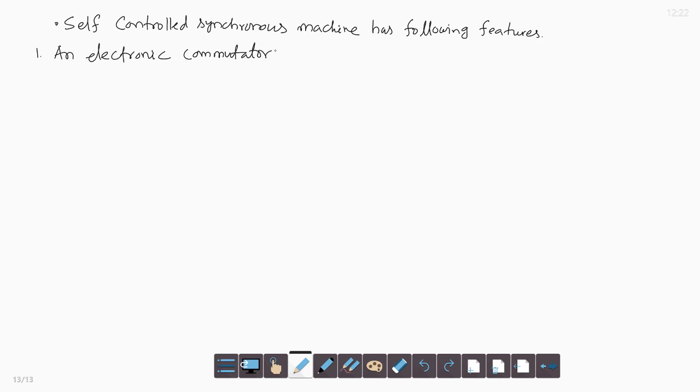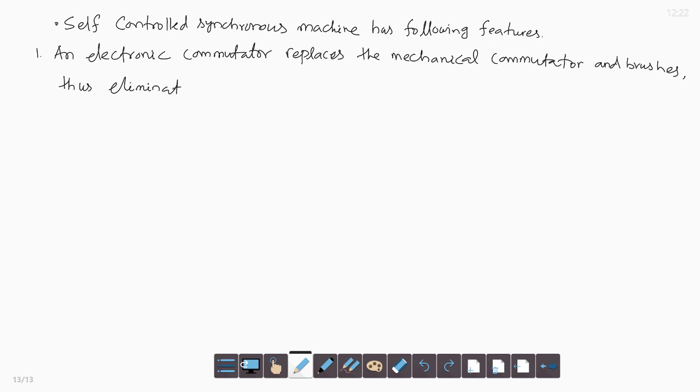An electronic commutator replaces the mechanical commutator and brushes, thus eliminating the disadvantages of the DC machine.